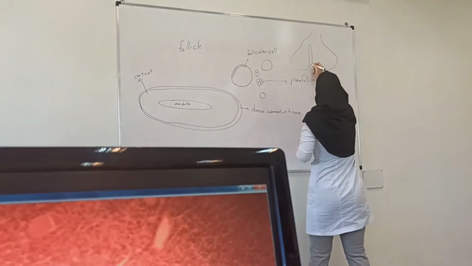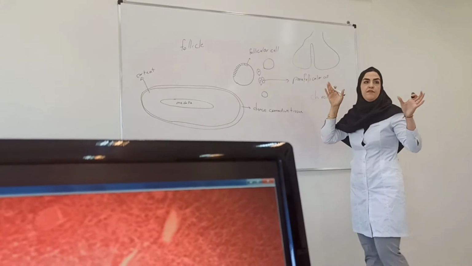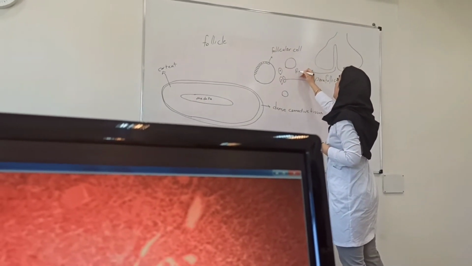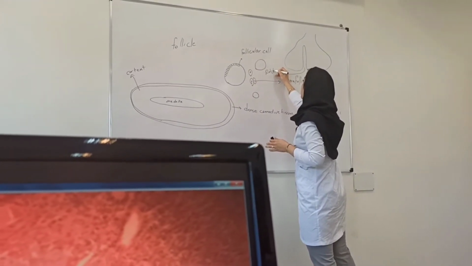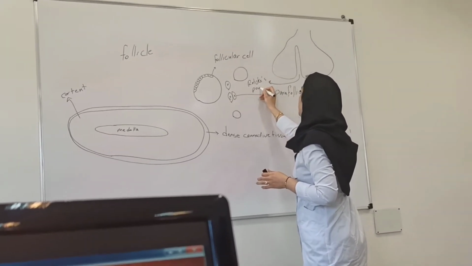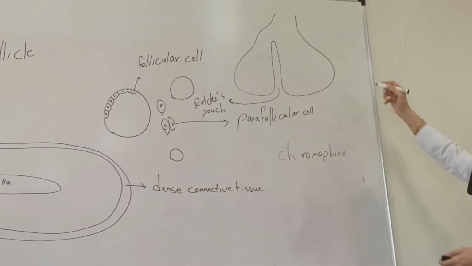This part that separates these two sections from each other is Rathke's pouch. Okay? And adenohypophysis.